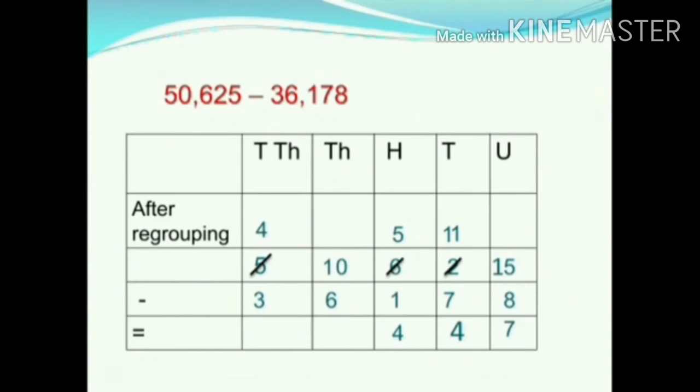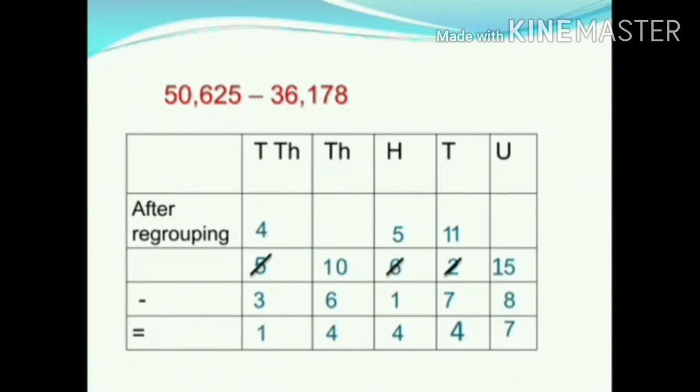Now subtract thousands place digits. 10 minus 6 equals 4. Write 4 in thousands place. Now subtract ten-thousands place digits. The digits are 4 and 3. 4 minus 3 is equal to 1. Write 1 in ten-thousands place.